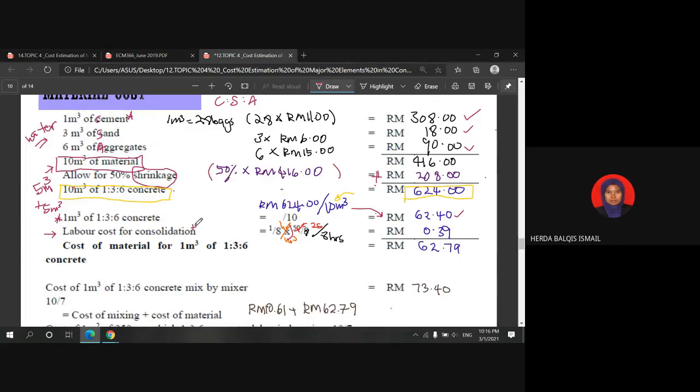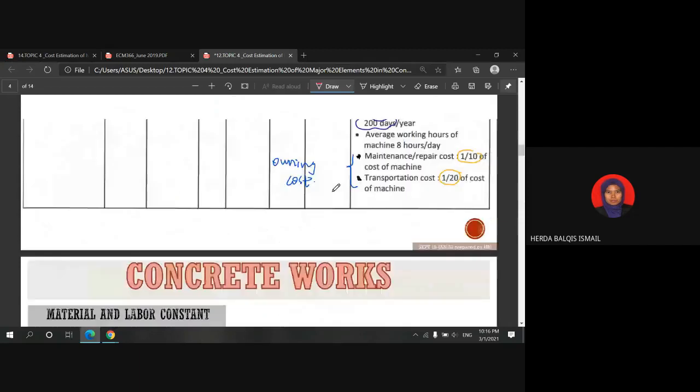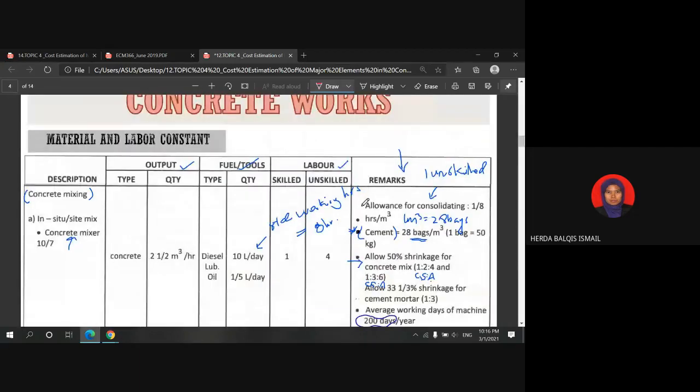The constant to refer to is this part. From the table, we know that the allowance for consolidating requires one unskilled labor, and the time taken is 1 over 8 hours per cubic meter. So this is the constant that we will consider.